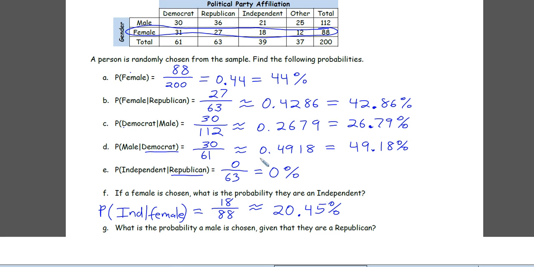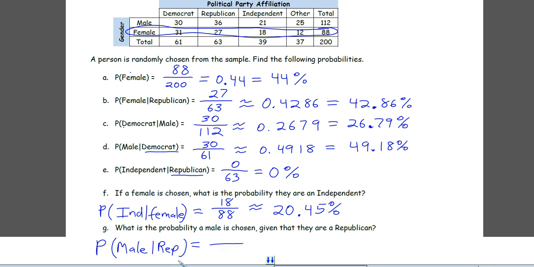And the last one, what is the probability a male is chosen given that they are a Republican? So I'm going to start setting up the statement. What is the probability a male is chosen? So we want to know the probability the person is a male if we're given that they are a Republican.